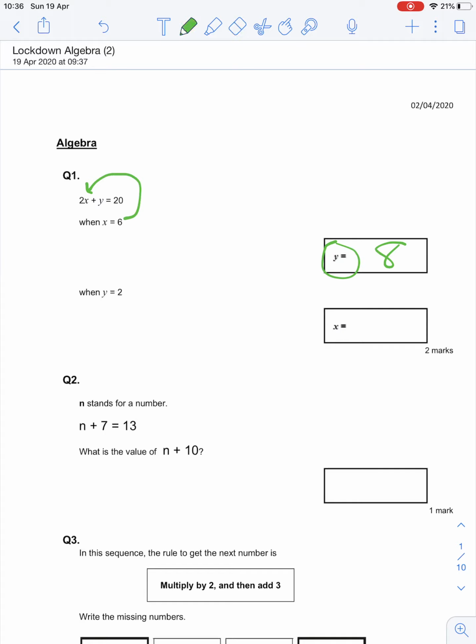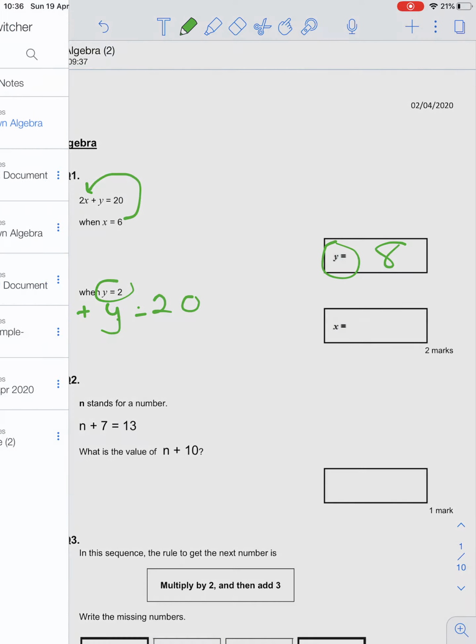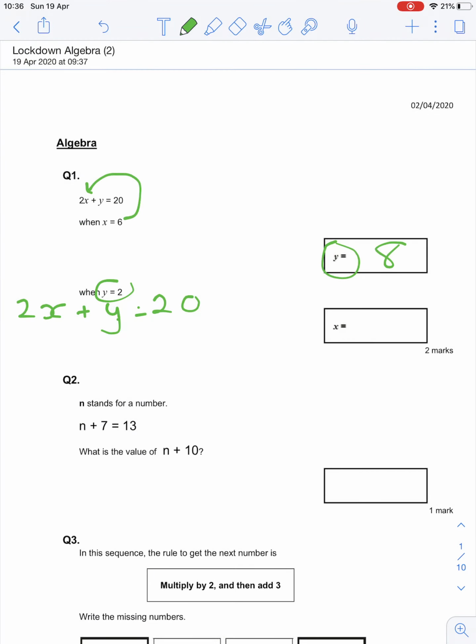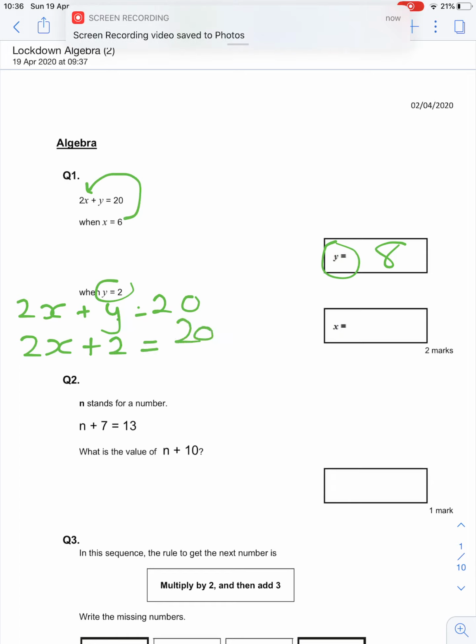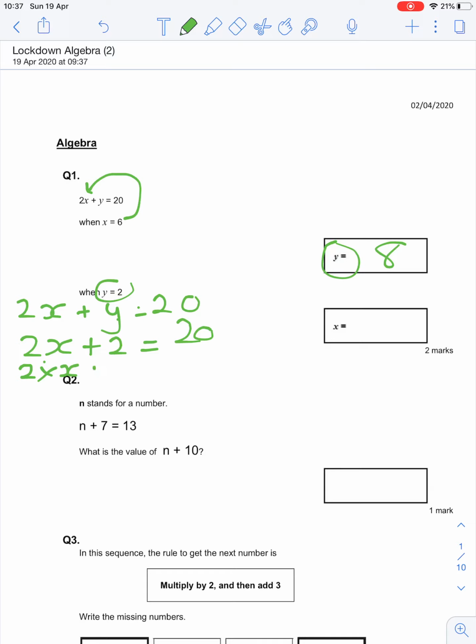And then y is 2 this time, so I've still got the same 2x plus y equals 20, but this time I know what y is and I want to know what x is. I'm going to add my 2 into there, so 2x plus 2 equals 20. I don't know what my x is, but I do know that means 2 multiplied by x, plus 2 equals 20.